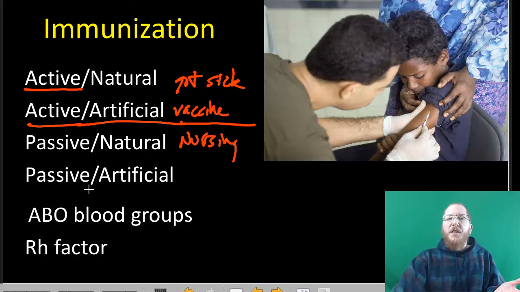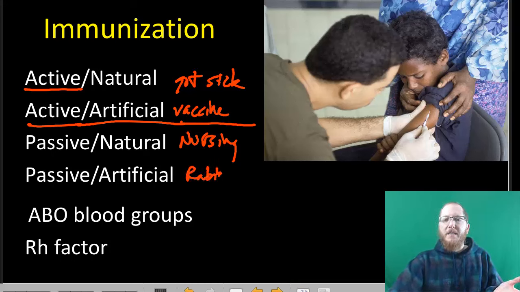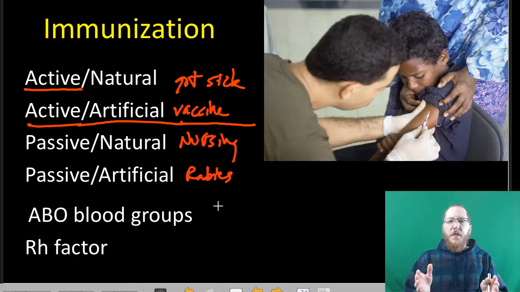The other option is you can have certain things like injections. The one that comes to mind is like the rabies, not vaccine, but the rabies shot, where they go through and they get antibodies that were produced by something else. So they'll use another animal to produce these antibodies against the rabies virus. And because our body typically cannot produce antibodies fast enough to fight off rabies, they just give us injections, and so you get a bunch of injections of those antibodies.